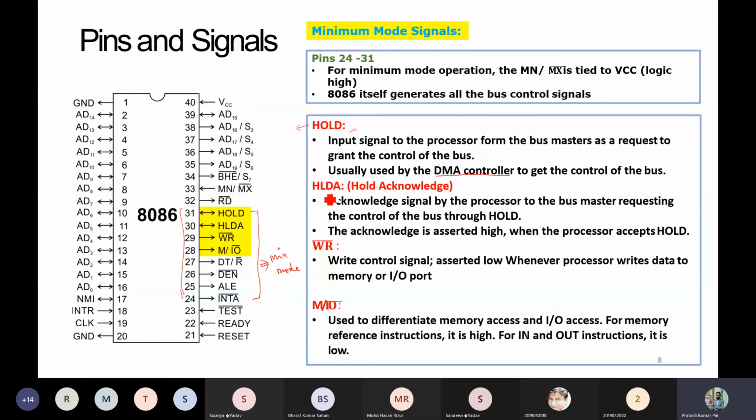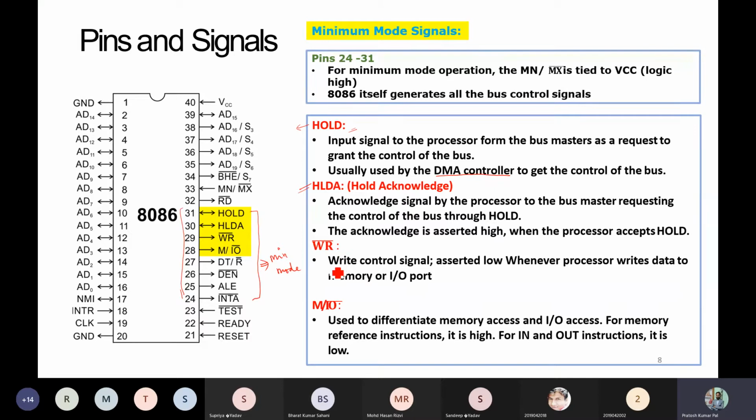Once this hold acknowledgement is provided, that means the 8086 is ready to give the control of the data bus and control bus to the external device, that is the DMA controller. So this acknowledgement is done by HLDA.